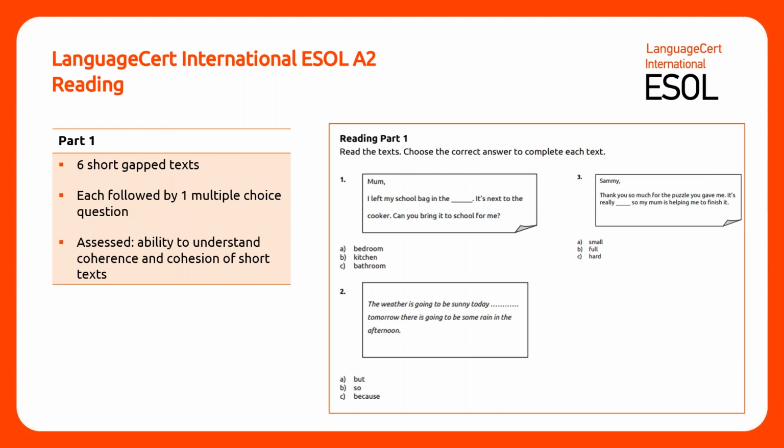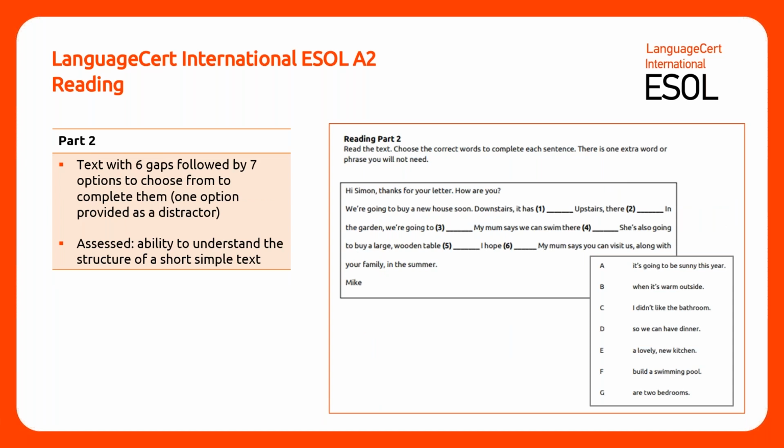Let's now briefly refer to the A2 level reading exam. Part 1 consists of 6 short gapped texts, each followed by 1 multiple choice question. This task aims to assess the candidate's ability to understand coherence and cohesion of short texts.